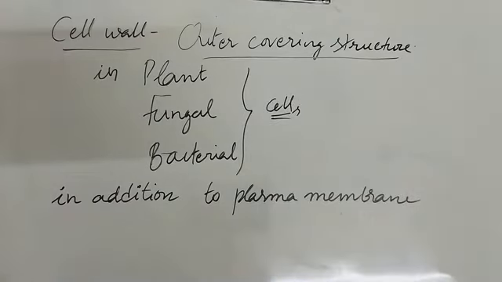There is a specific reason behind this, which we will explain at the end of this topic. Let us discuss the cell wall of plants, which we can easily observe.